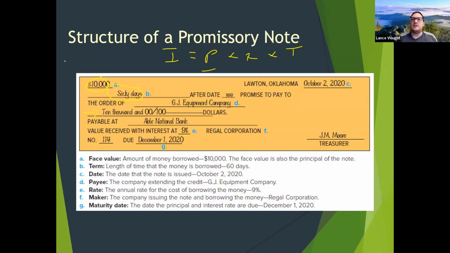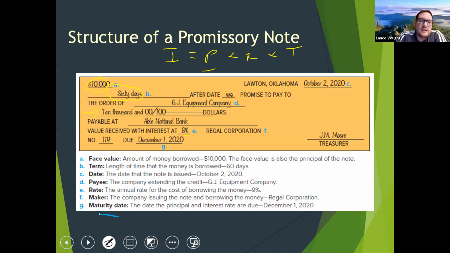It's based on an entire year, whether it's ordinary interest, exact interest, or simple interest. So if you have a 60-day loan at 9% interest, it's not that you pay 9% every 60 days. That 9% is for the whole year. I just wanted to clarify that. I feel like you know that already, but if you see a question written the way I just described it, you'll understand the difference.